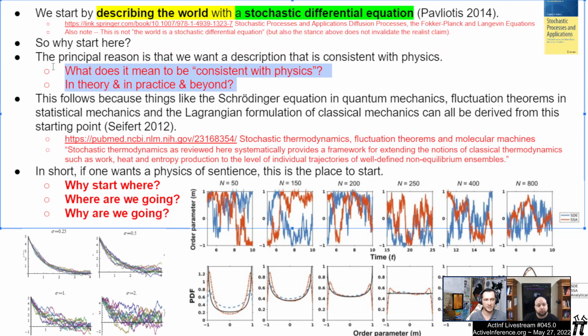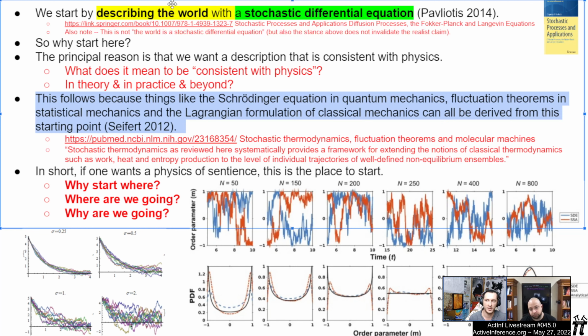Here are some discussion questions. What does it mean to be consistent with physics? What does it mean to be consistent with physics in theory, or in principle, or in practice? And then they write, this follows because things like the Schrödinger equation in quantum mechanics, area A, fluctuation theorems in statistical mechanics, area B, and the Lagrangian formulation of classical mechanics, area C, three different mechanics, quantum, statistical, and classical, can all be derived from this starting point.